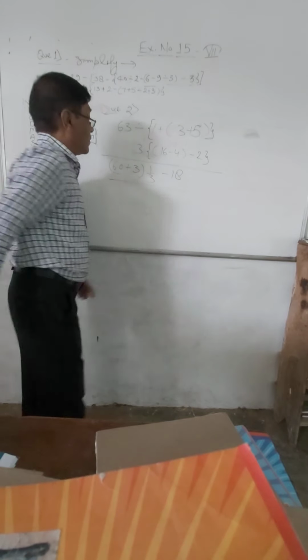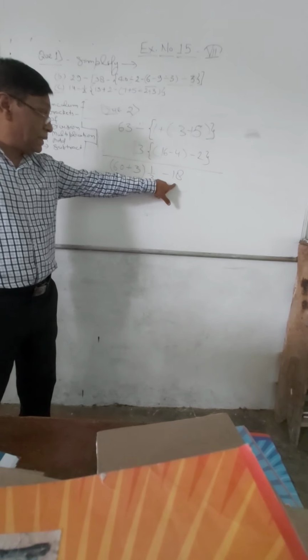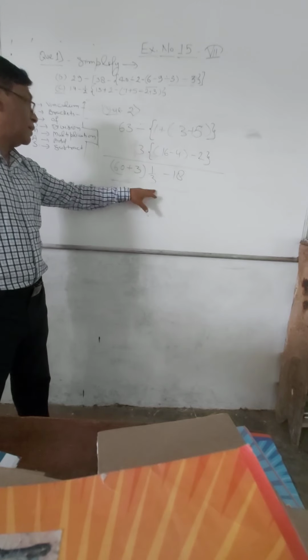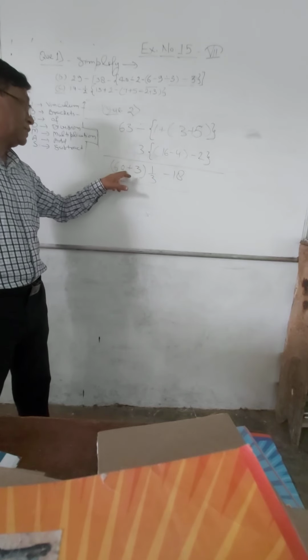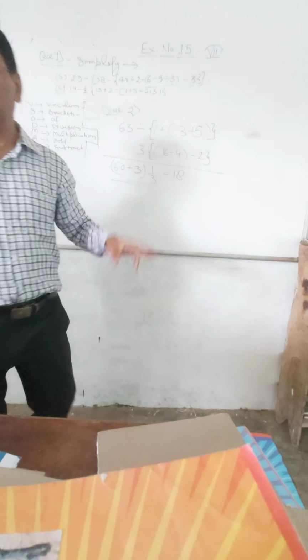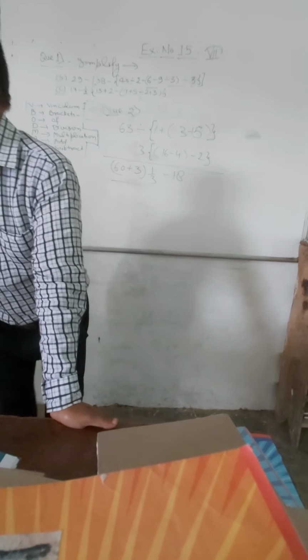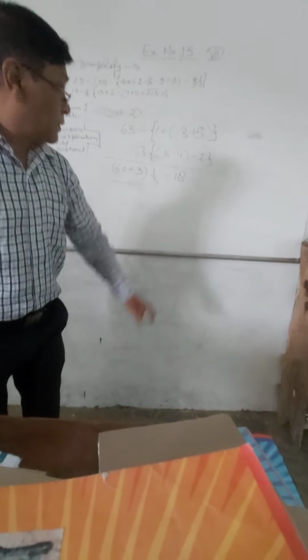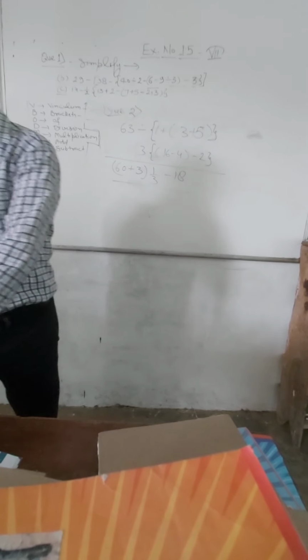This is 18 subtracted from 1/3 of the sum of 60 and 30.